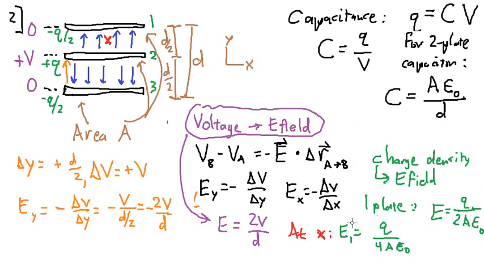So the electric field from plate 1 will be pointing upwards because it's a negative charge, and it's got a Q over 2 charge. This formula is for a Q charge. So the electric field from 1 will be Q over 4A epsilon naught.